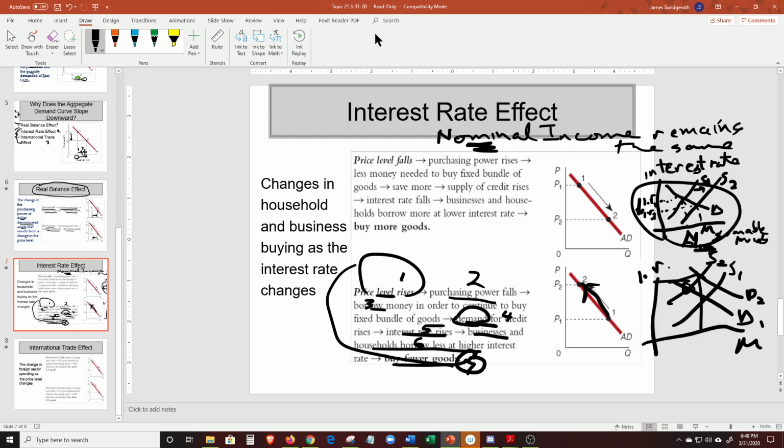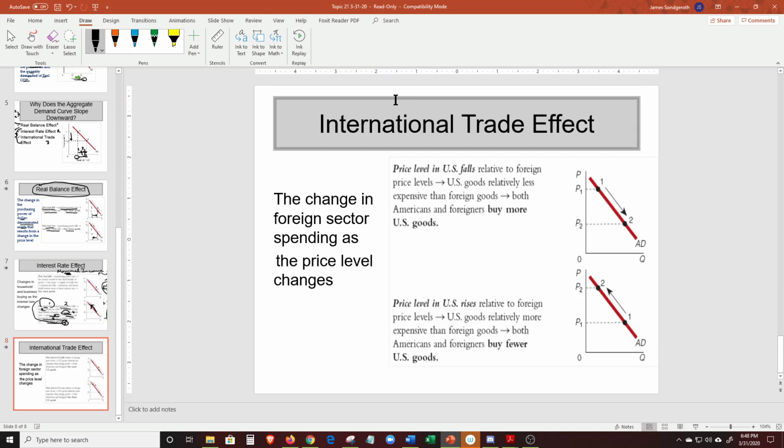All right, I was just thinking about that. Yeah, well, we'll get to a different way to derive this later in the course. And here's another substitution effect, and we have a bunch of things too here. Let's just count the steps. Price level falls relative to foreign price levels.